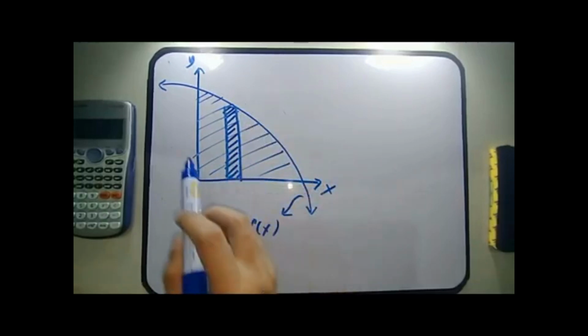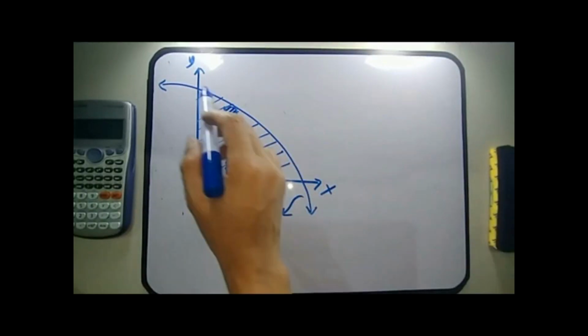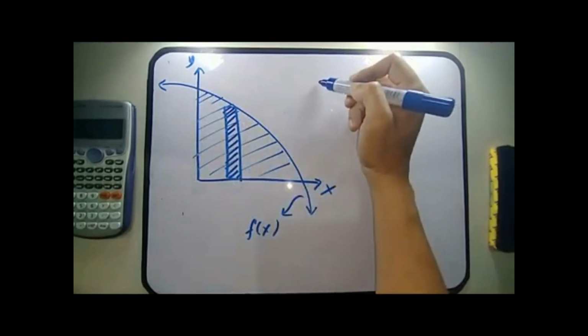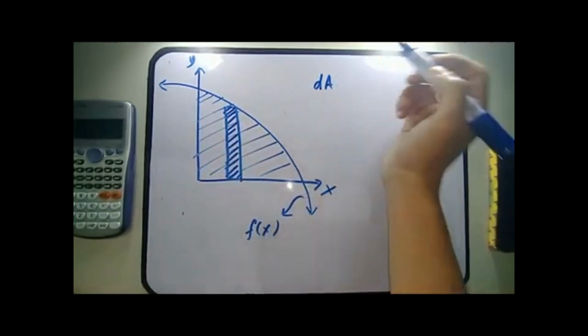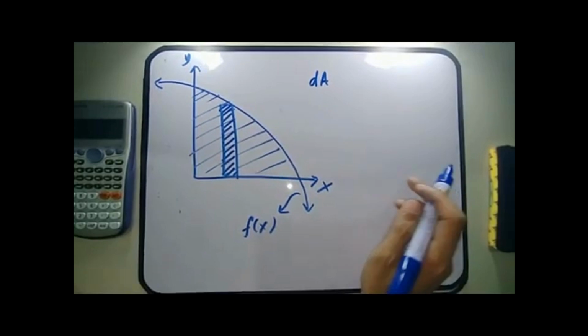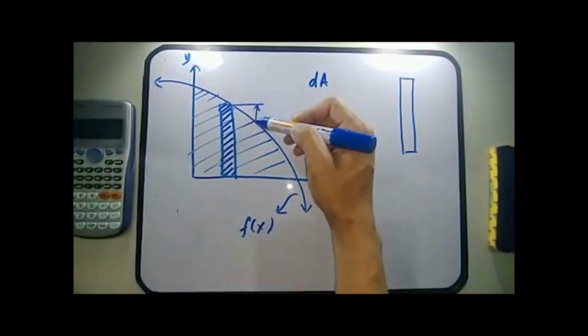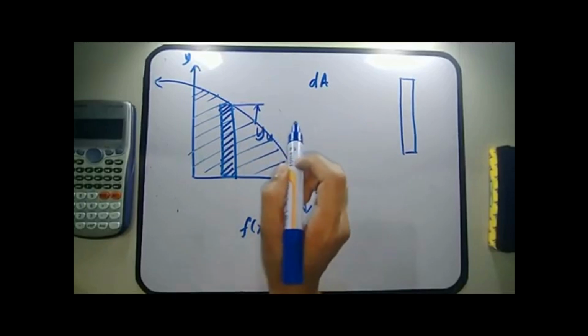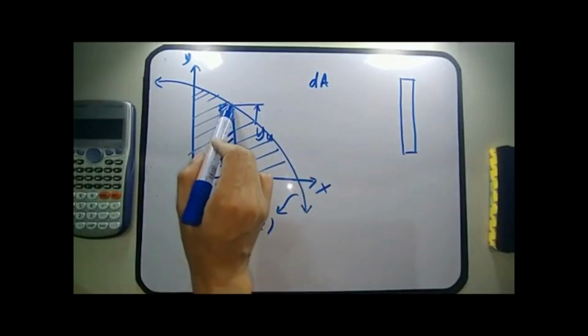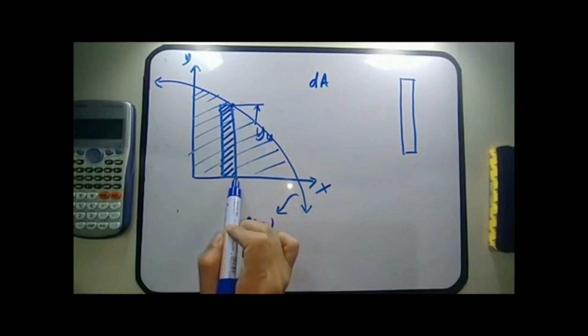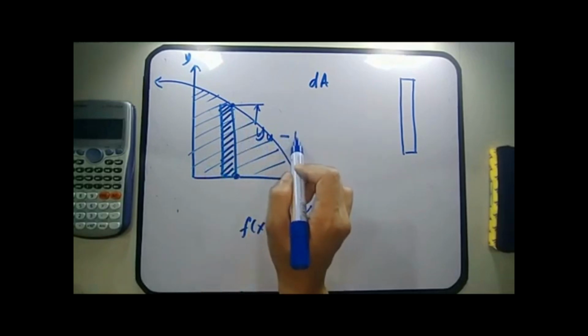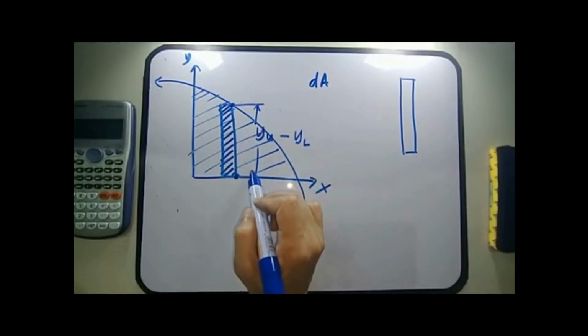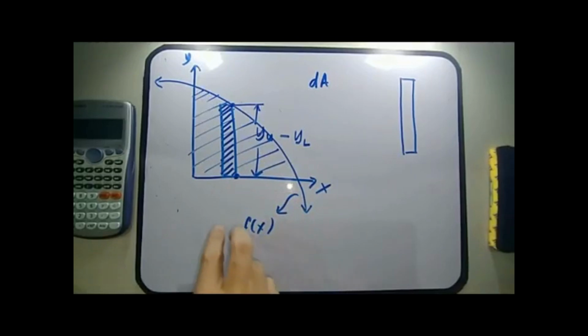The whole area is the area A, but if you get a differential strip, it will be represented as differential of area. So it's a rectangular strip. The length of that rectangular strip is actually your height, that is y sub 2 minus y sub 1. But y sub 2 can be represented as y upper, and y sub 1 at the bottom, you can represent as y lower.